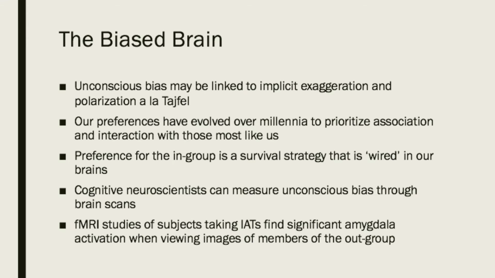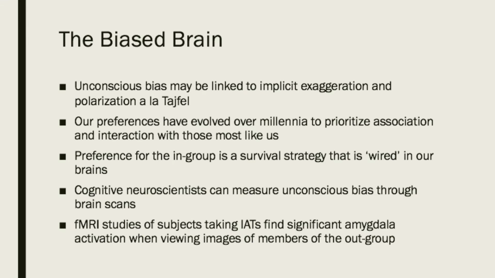Recall that social identity theory posits that we impose very rigid categories upon the social world, especially in relation to group membership. In many ways, this is exactly what we do implicitly without even being aware of the fact that we're doing it. But again, getting back to the key question, why do our brains do this?